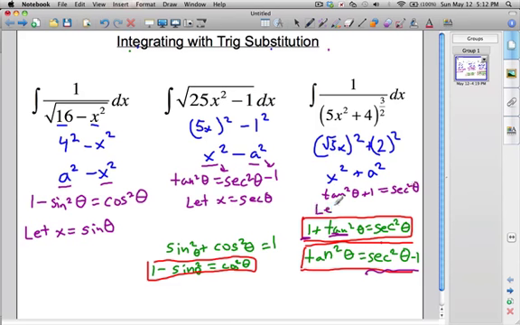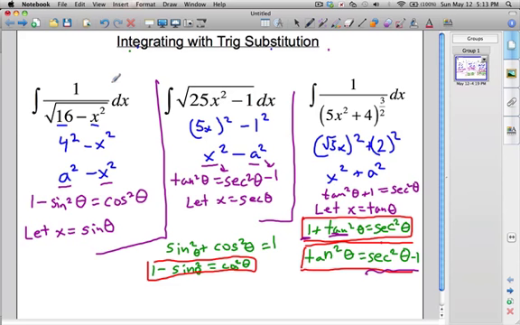We're going to let x equal tan theta, and then we're going to rearrange this, and we'll get a secant squared theta, which will cancel with the square root. So it'll be a much easier function to deal with when we do the substitution. Okay, all the details of each of these three problems will be fully explained, and the whole solution will be fully worked out in the next few videos.